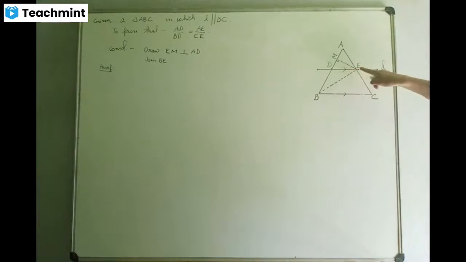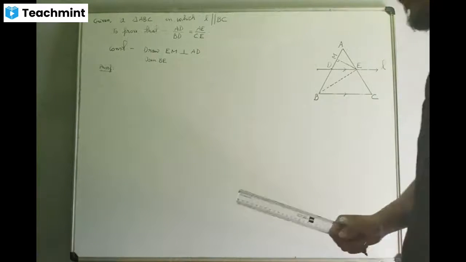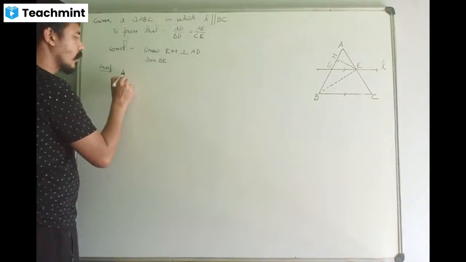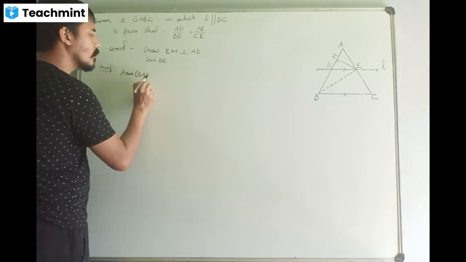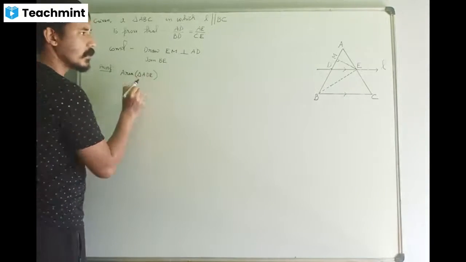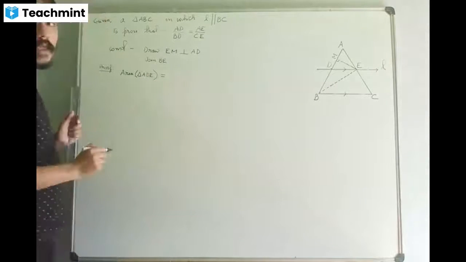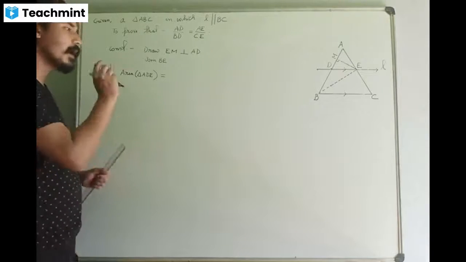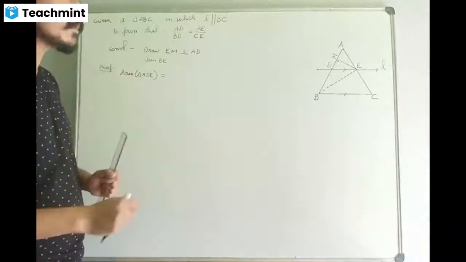This ADE is a triangle, and so we are going to find its area. So area of triangle ADE. Area of a triangle is given by the formula half base into height.